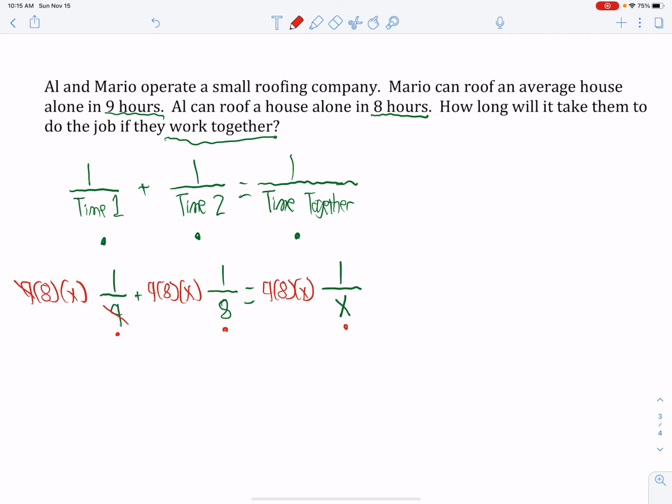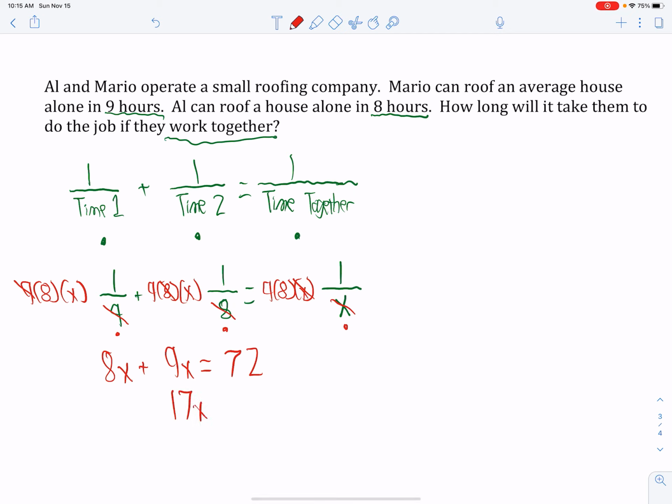On the first one, the 9 and 9 cancel out, and 8 times x times 1 is 8x. The next fraction, the 8's cancel out. 9 times x times 1 is 9x. And then the last fraction, 9 times 8, after the x's cancel out, 9 times 8 times 1 is 72.